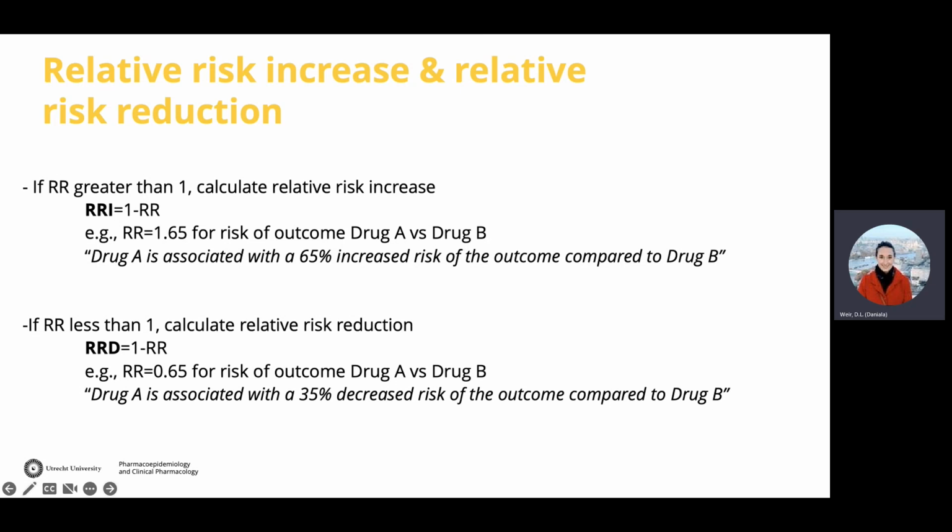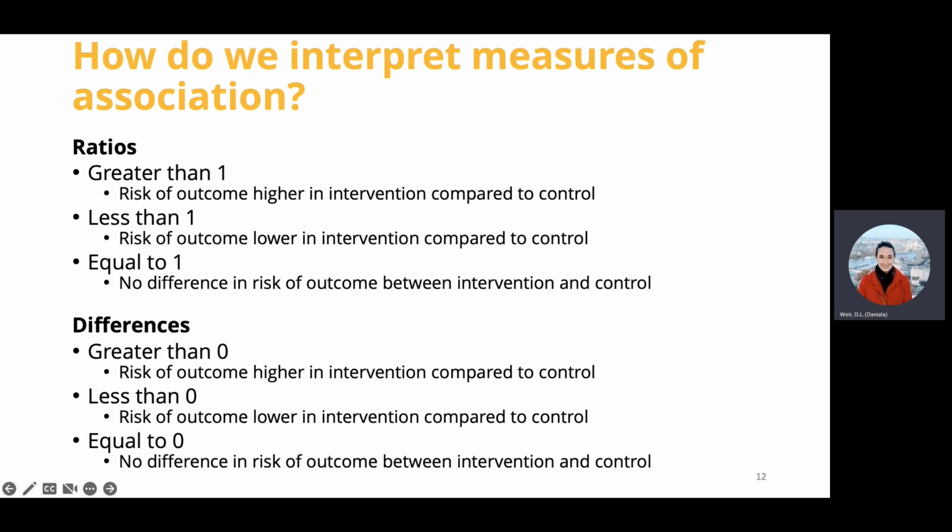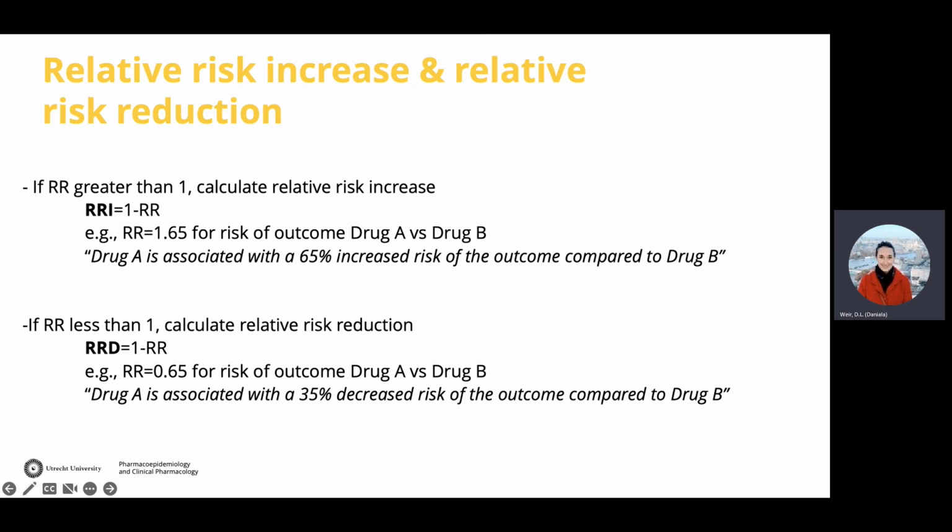So if I have a risk ratio of 0.65 for the risk of the outcome among drug A versus drug B, I would interpret that as drug A is associated with a 35% decreased risk of the outcome compared to drug B. So again, I can say whether the risk of the outcome is higher or lower in the intervention group compared to the control group based on the value of the risk ratio or the risk difference, or the rate ratio or the rate difference. And this is specifically how I would interpret those particular values.